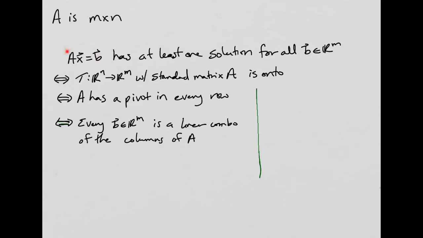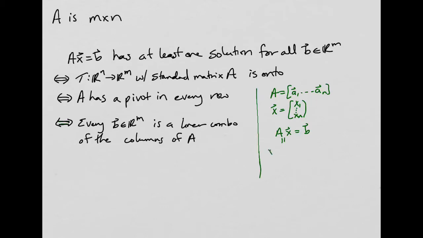And the equivalence here has to do with just remembering what A times X is, how to actually perform this multiplication. So let's say A looks like A1 to AN, those are the columns of A. X is the vector x1 to xn. So if I look at AX equals B, if I rewrite A times X, one way to do it at least, is to multiply each column by each entry in this vector and add them all up.